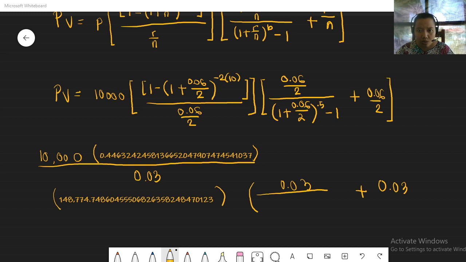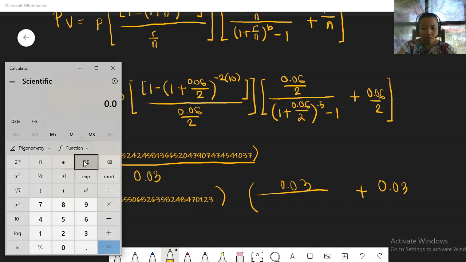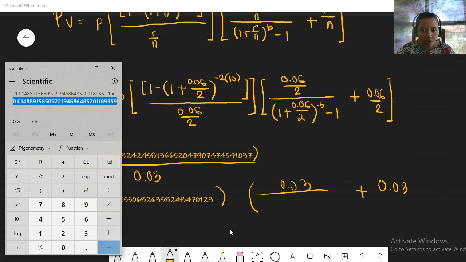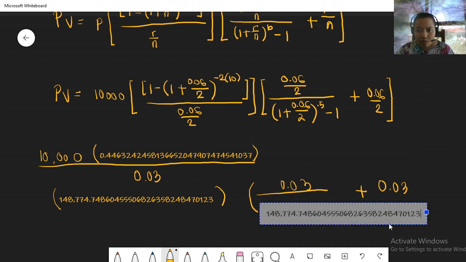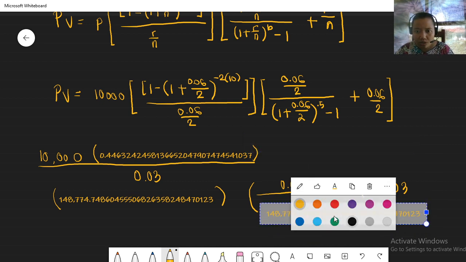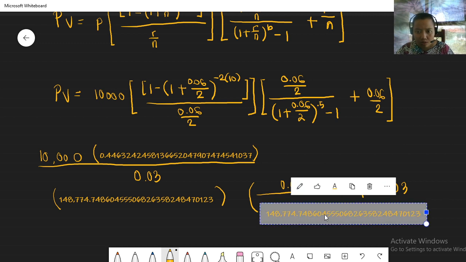Our denominator is 0.06, the same, and then we'll add it with 1 and raise it to the power of 0.5. The result is 1.4, and then subtract it with 1, so this remaining number would be our denominator. Let us change it with color.